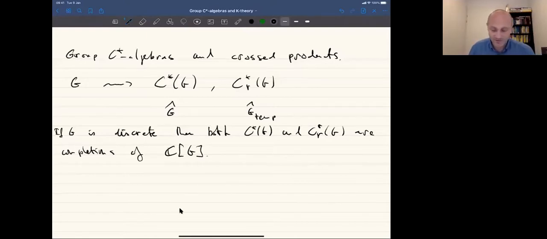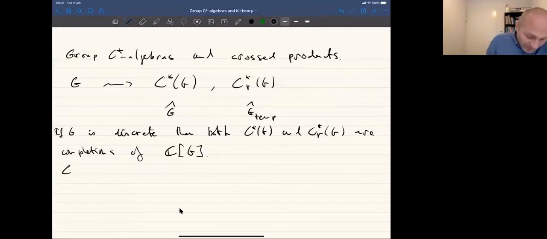And these analytic objects that I'm going to define will contain this group ring densely. If G is not discrete, then this is not the case. So then this is really a different type of object.